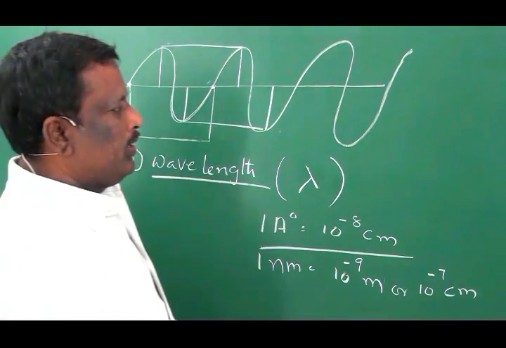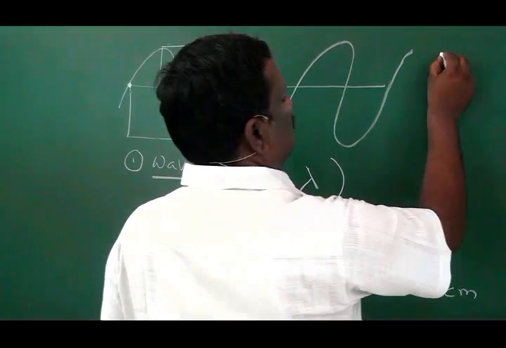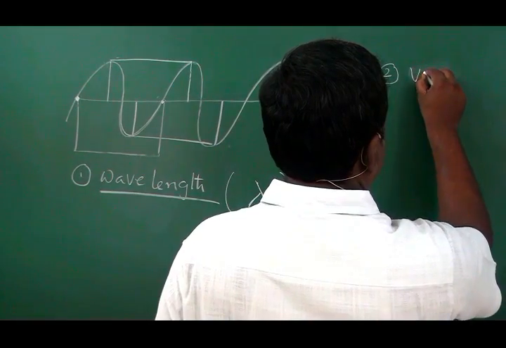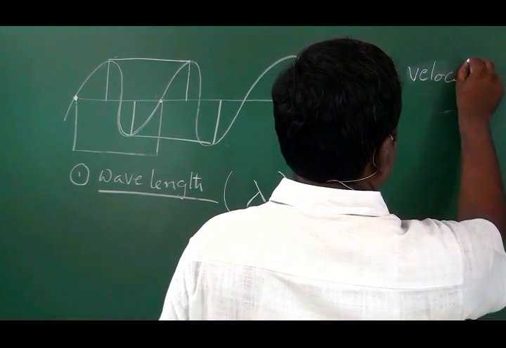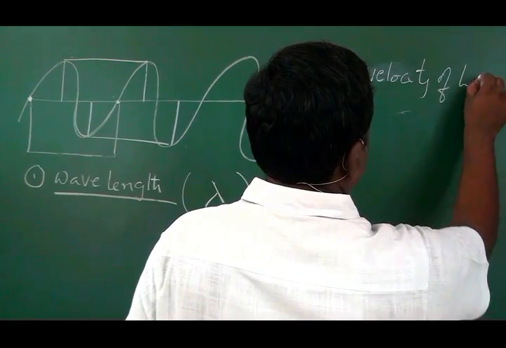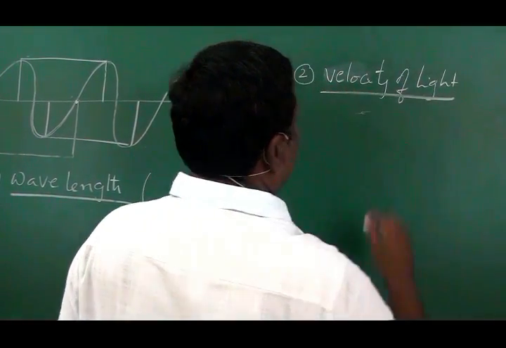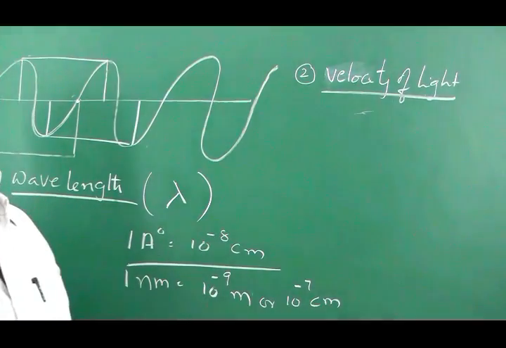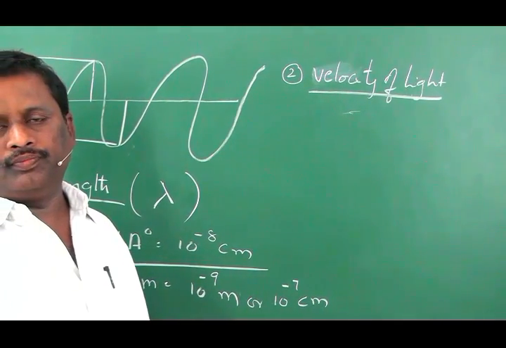Now, the second property, that is number 2, velocity of light.